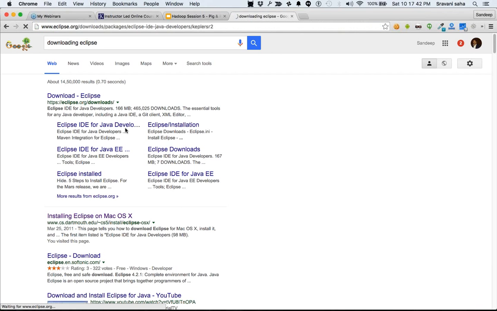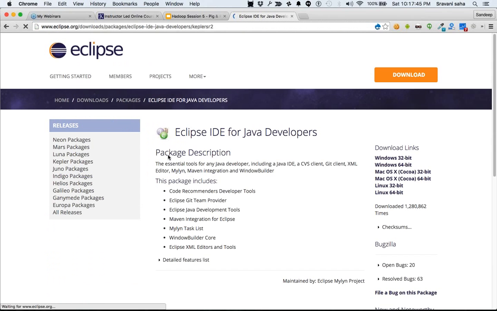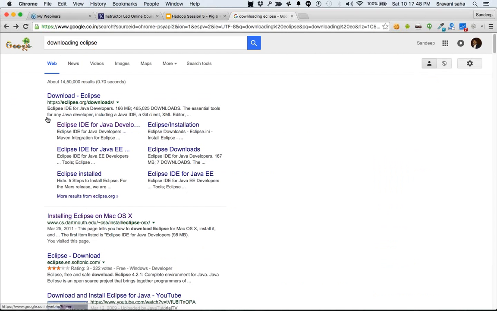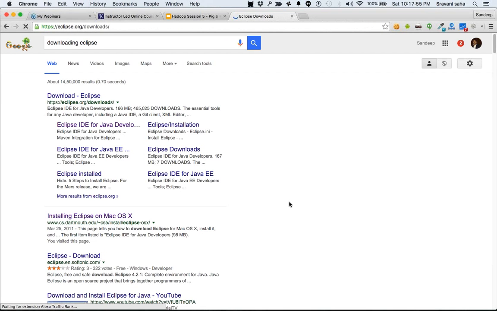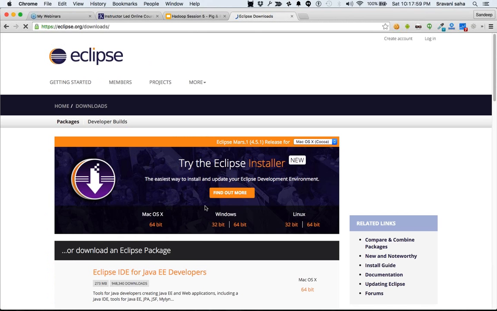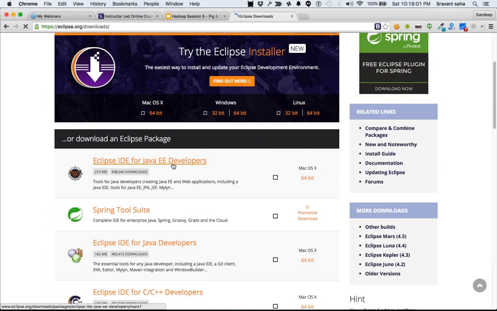Either one. Under download, you have this Java for developers. You just select the one which is there by default and download. That should be good enough for you.